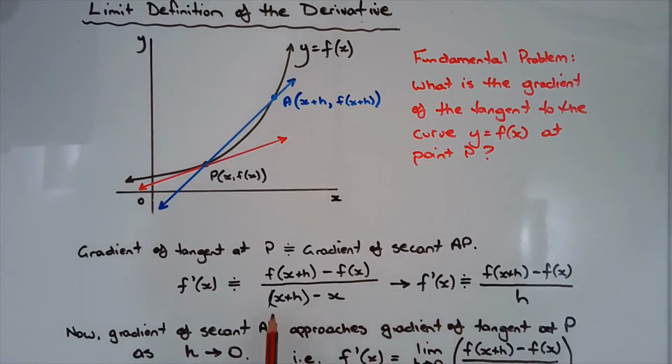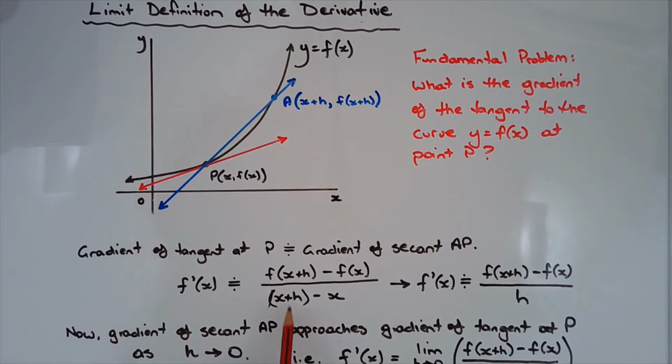Now, I'm going to write this using the proper notation. f dash of x, that just represents our tangent, or the gradient of our tangent, this red line here. So this is f dash or f prime. So f'(x) is approximately equal to (f(x plus h) minus f(x)) over ((x plus h) minus x). So that's y2 minus y1 over x2 minus x1.